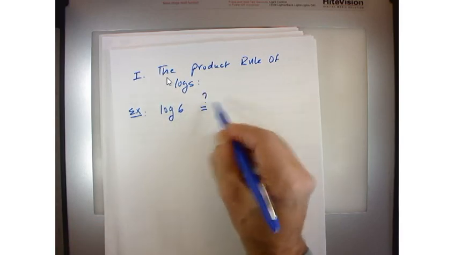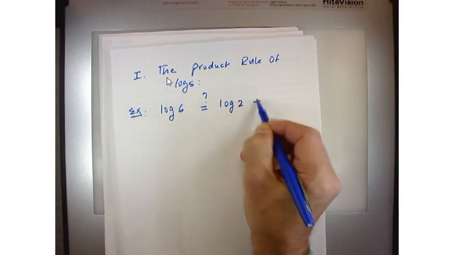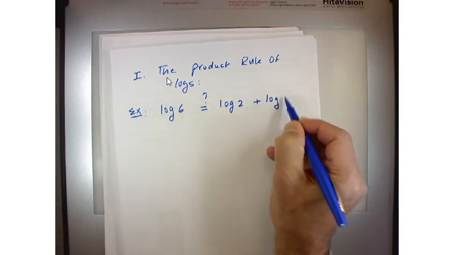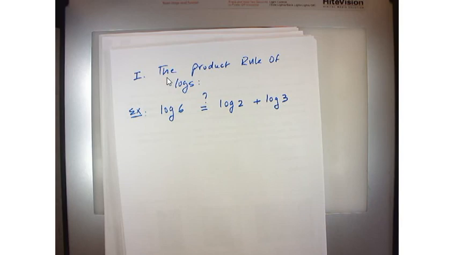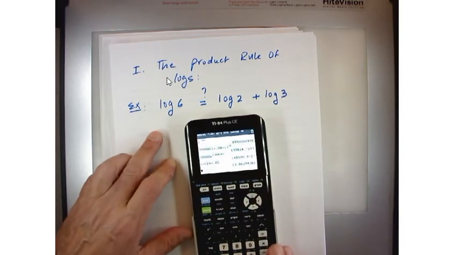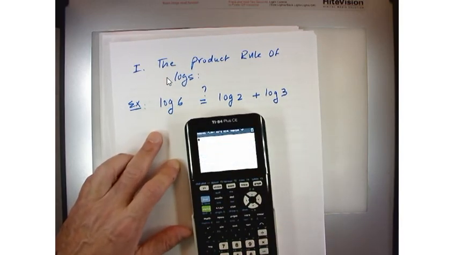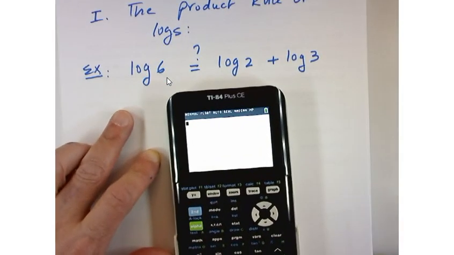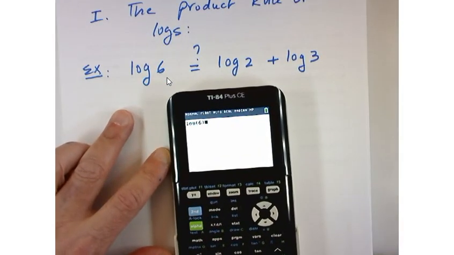Does it equal log of 2 plus log of 3? So let's check that out. Find log of 6 on your calculator and find log of 2 plus log of 3. And you can see they're exactly the same.